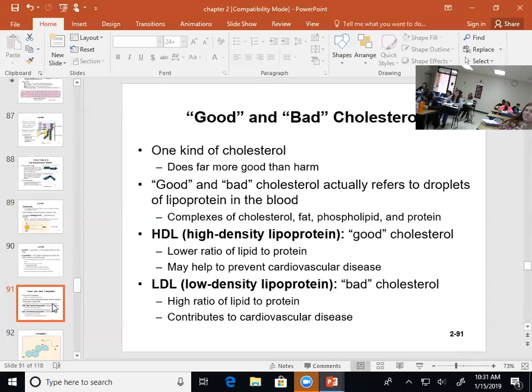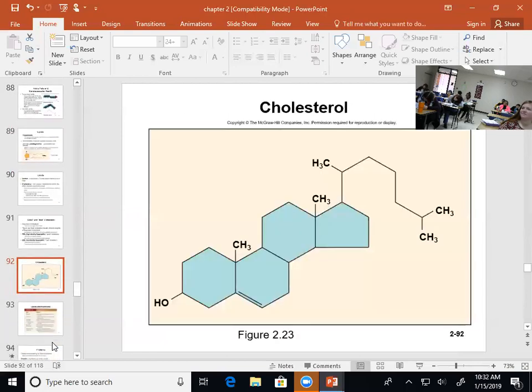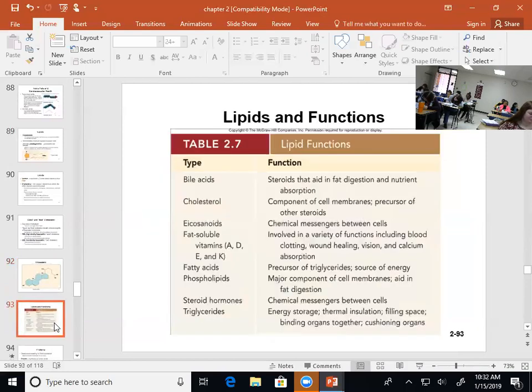If this is staying in the blood vessels, what are the blood vessels doing? Clogging and hardening, right? But as long as you have a whole bunch of this, it's transporting this out of the bloodstream into the cells. Whatever, that's too much detail. But anyway, I just want you to know cholesterol does kind of get a bad name, and we do need it, but we don't need to take in as much as we do.